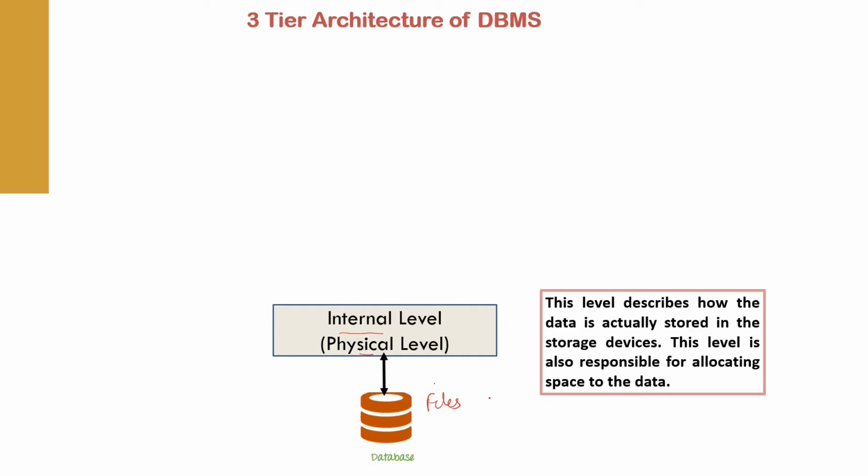So at the physical level, the file structure and index structure are dealt with, because this level is responsible for allocating physical storage space to the data. Understood? And that's why this level is called the internal level or the physical level.